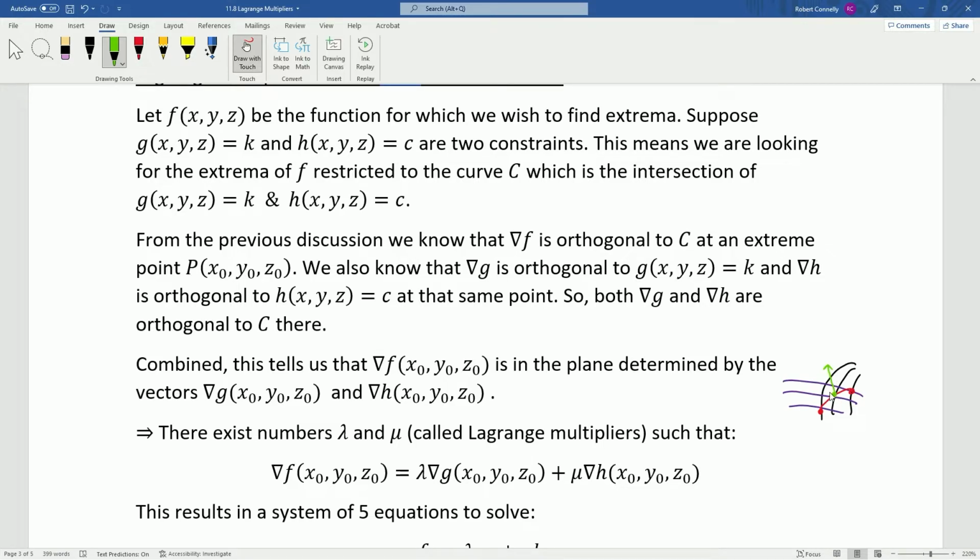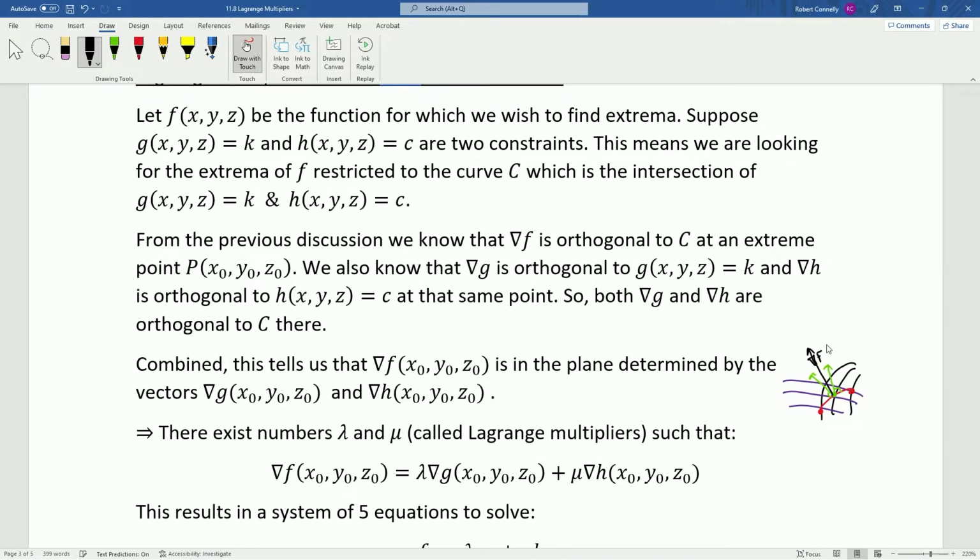Keep in mind, they're orthogonal to the curve, but there's 360 degrees around that curve that they could be at a right angle to. So they might both be orthogonal to the curve, but not be lined up perfectly with each other. But this gradient of f, that vector is going to be in the same plane with them. So like f might be here.